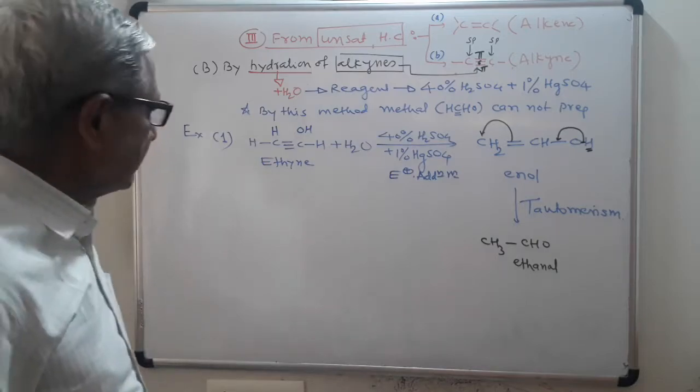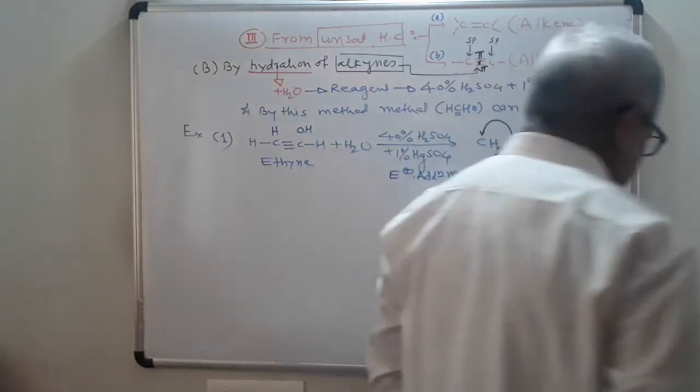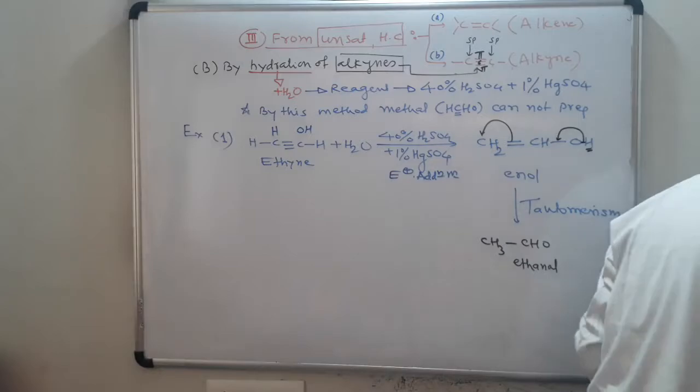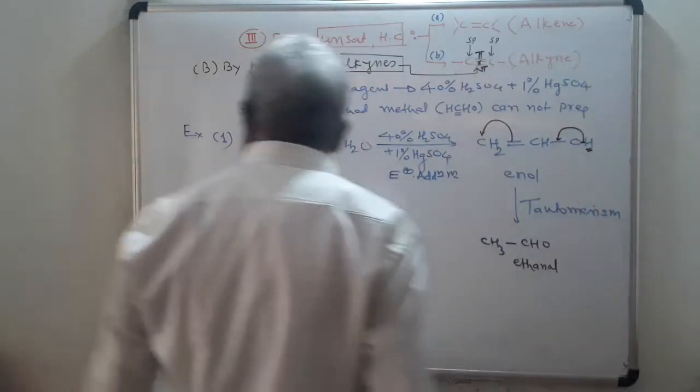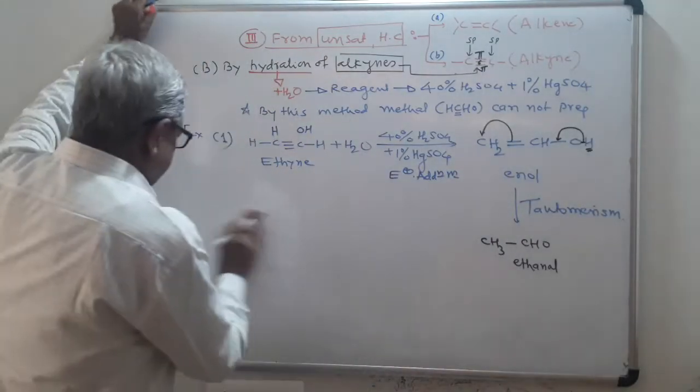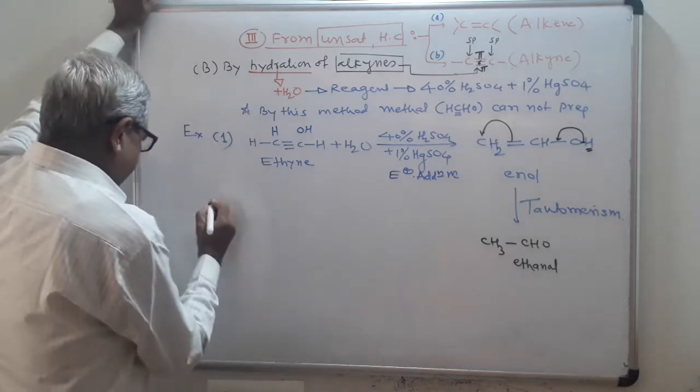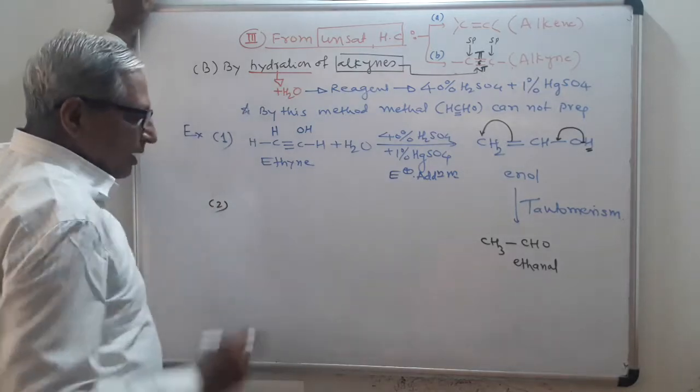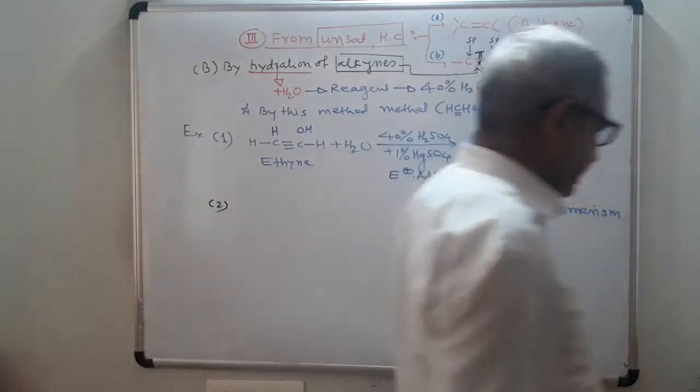Now see the second example here. The second example is but-2-yne. Or directly I will set the objective question here.